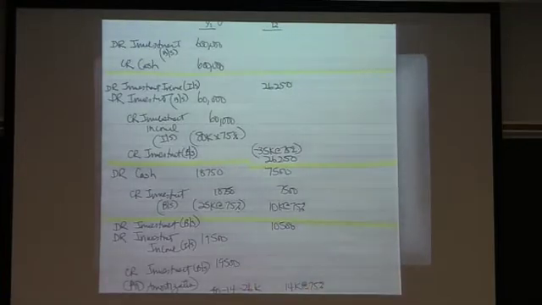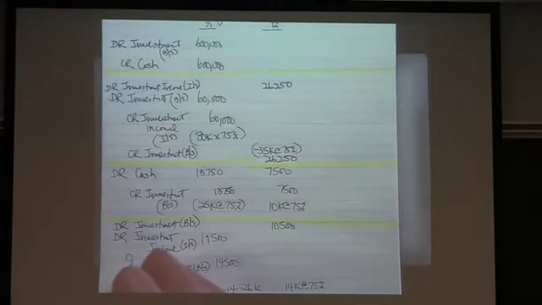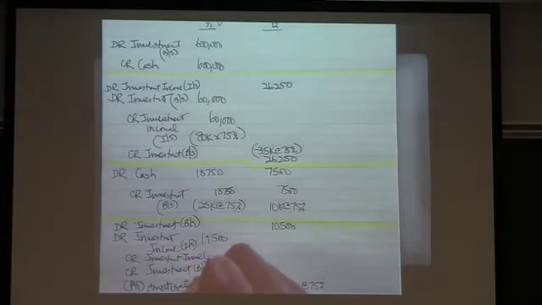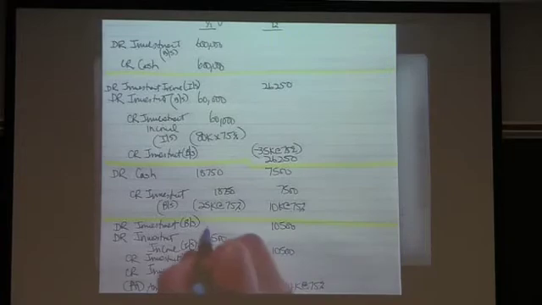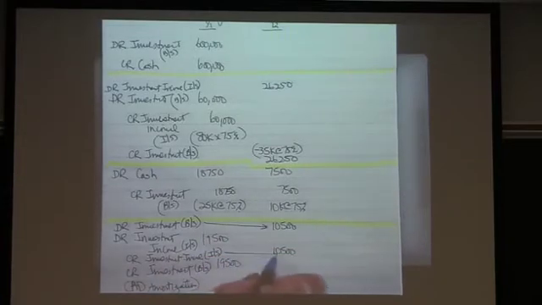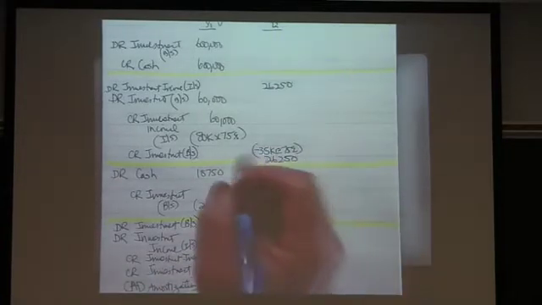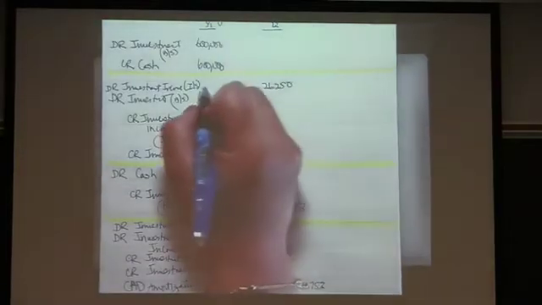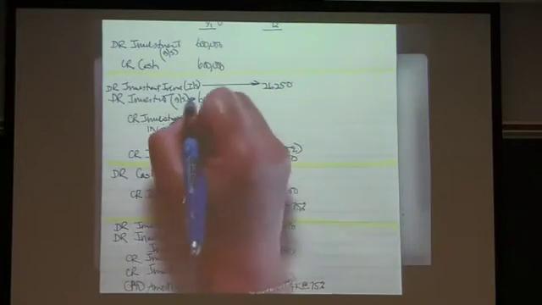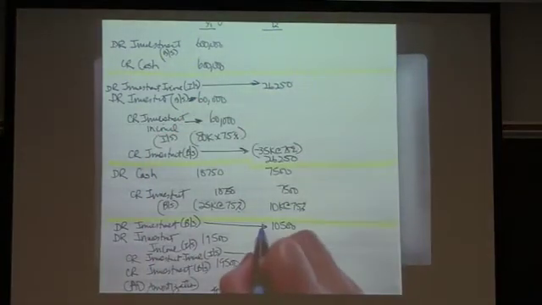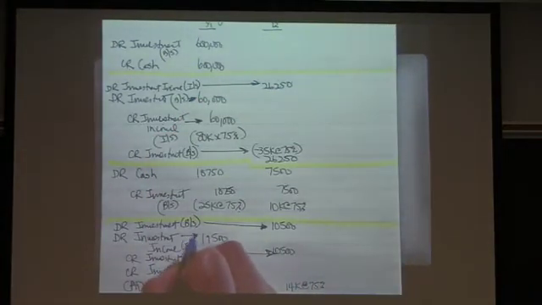And we're going to credit the investment income. So let me just put an arrow beside that because it seems a little confusing, isn't it? So it makes it so much clearer, isn't it?